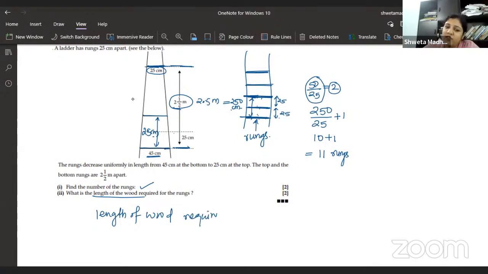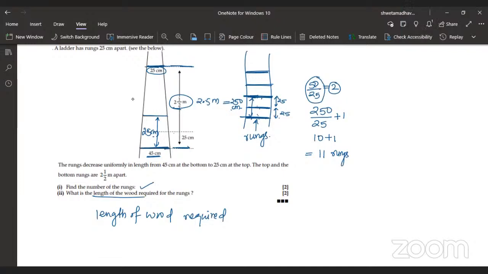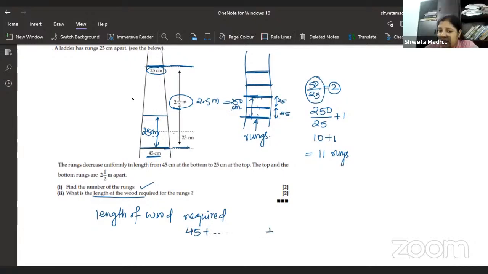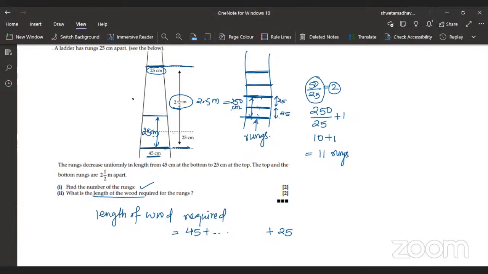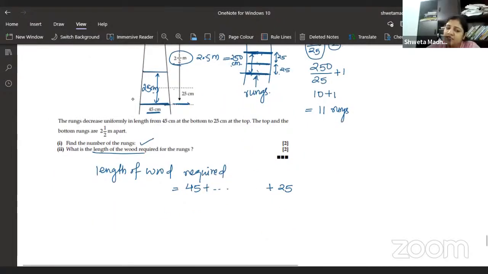So the total length of the wood required. In the first rung, how much is the length of the wood? 45. Second, we don't know, but the last we know, that is 25. So we have to calculate the total length of the wood, that means the sum of all the wood required for each rung. So how many are there? 11. So we have to calculate S11.